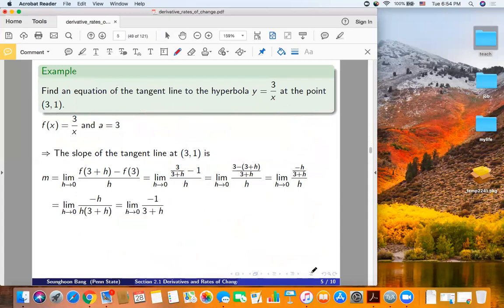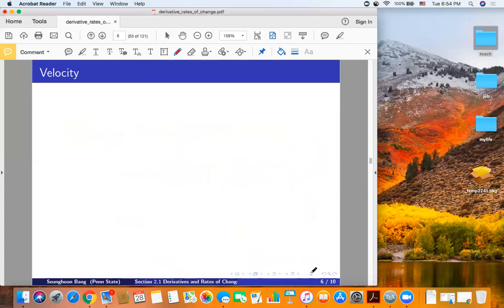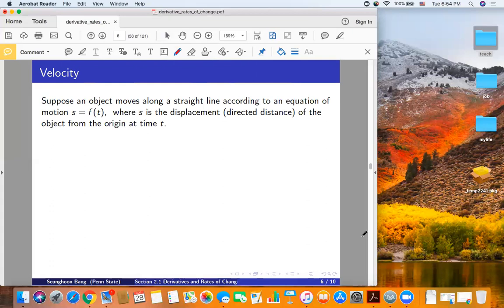So here, the same as my lecture, like this. The next one, we think about velocity. Suppose an object moves along a straight line according to an equation of motion s equals f of t, where s is the displacement.